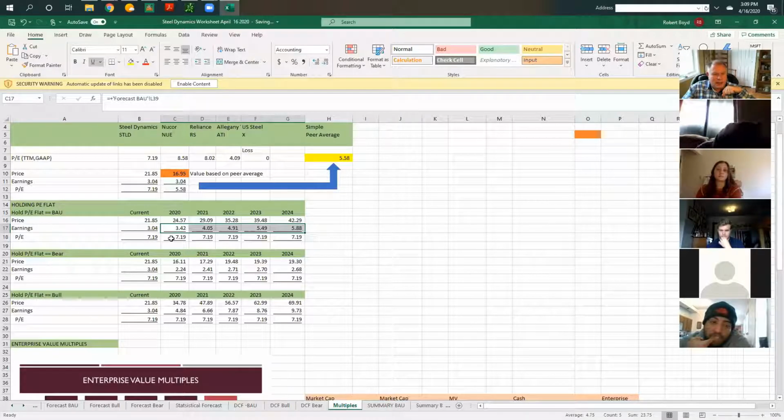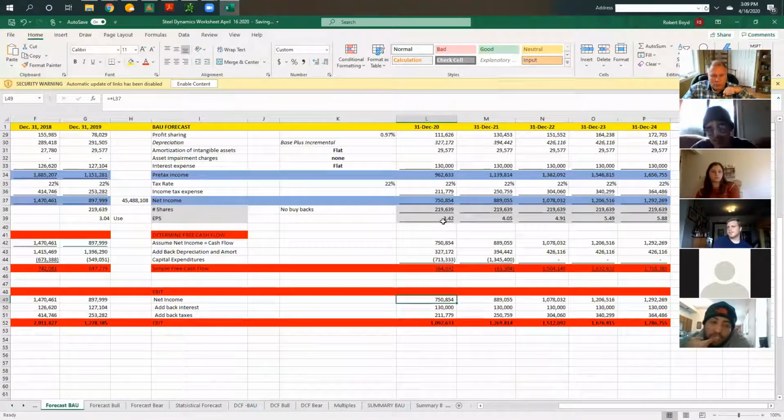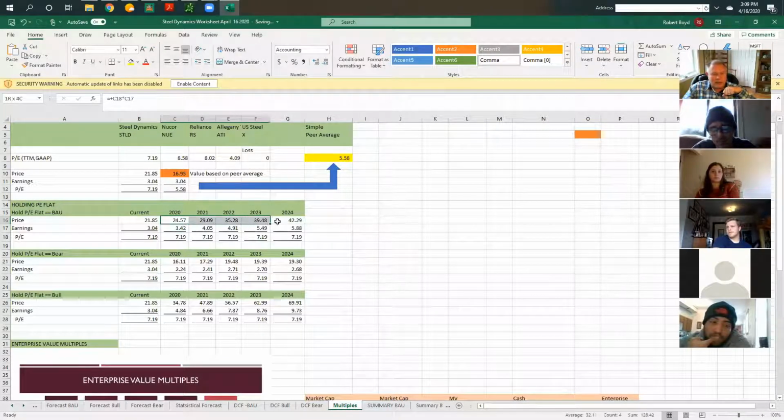So in 20, holding the PE at 719 and my calculated earnings per share, which came right from forecast BAU, right here. Okay, that came over here, and it would say the stock is worth 24.57, and applying the same methodology, it gave me a forecasted price range from 20 to 24. I did the same for the bear and the bull.